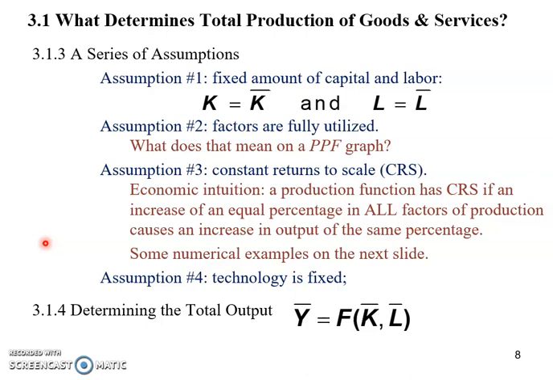Okay, number one, when we say everything is fixed, you can take the underlying meaning as, this model built upon these assumptions is going to be a static model. Again, that's a physics term, static instead of dynamic.